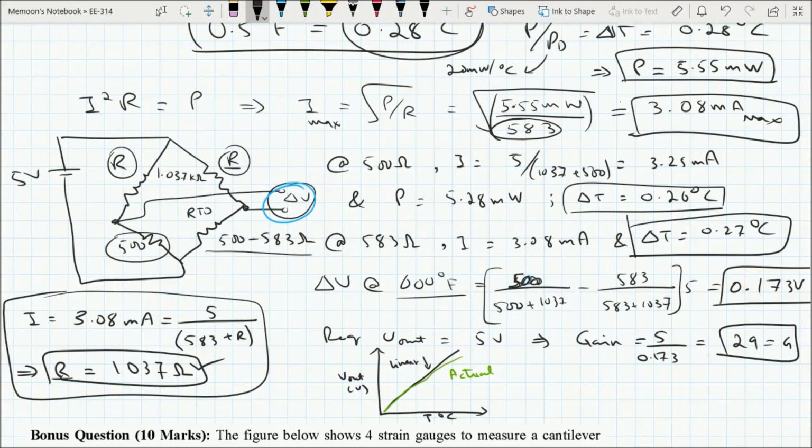The ideal linear approximation varied slightly from the actual curve, and it was not a huge difference, but obviously there would be some errors due to linear approximation because the bridge output is non-linear.